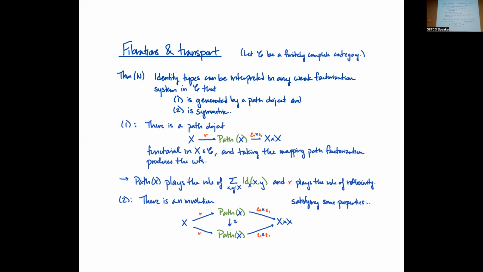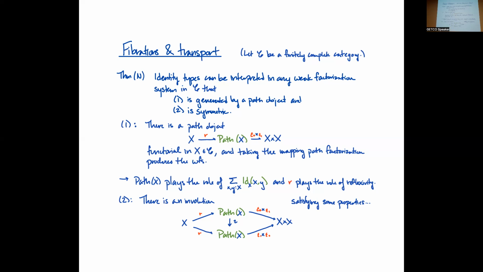So condition one is saying that there is some path object like this in the category. So for example, if we're in a super nice category, we could just take X to the I, if we have some kind of cylinder, or interval I should say. Or maybe in other categories, we could do something very similar to taking X to the I for Path X. And this morphism, of course, takes a point in X to the constant path, and this projects to the first and last points.